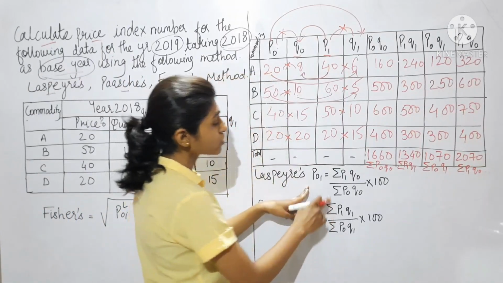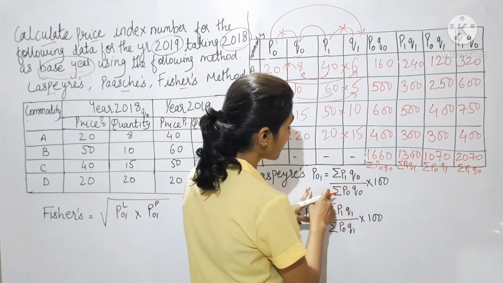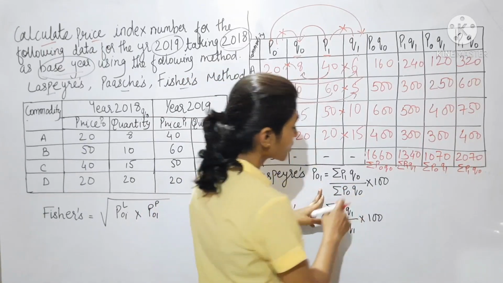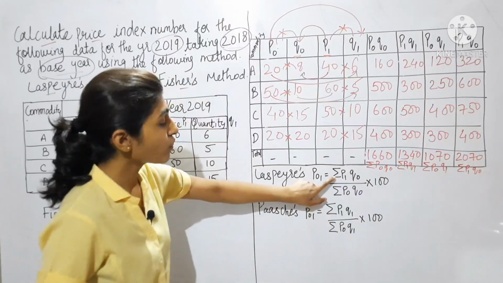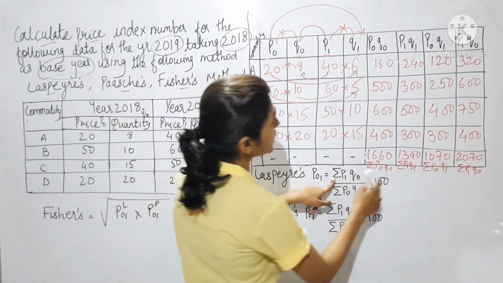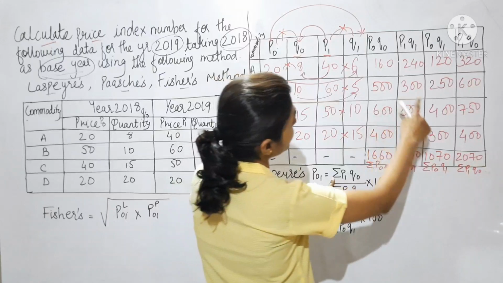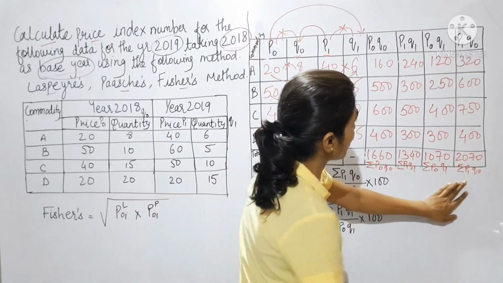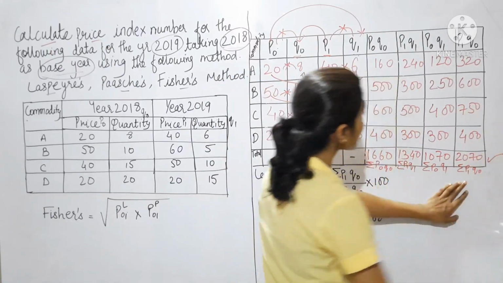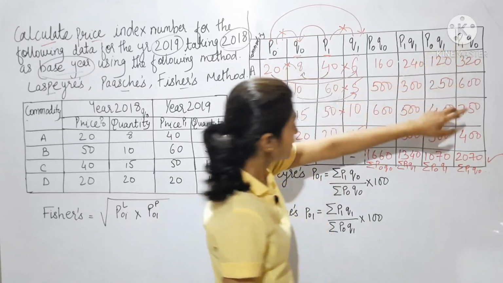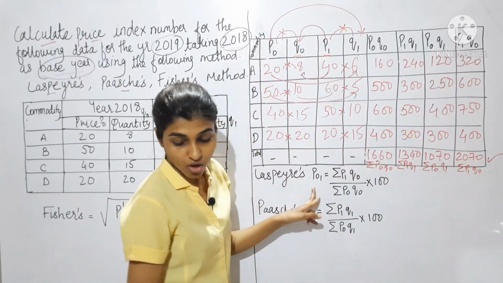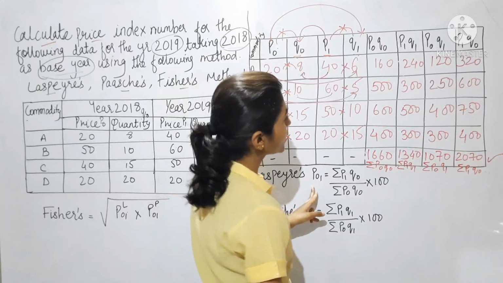Now Laspeyres formula is what? P01 is equal to summation of P1 Q0 divided by summation of P0 Q0 multiplied by 100. So where is the summation of P1 Q0? Okay, this one.